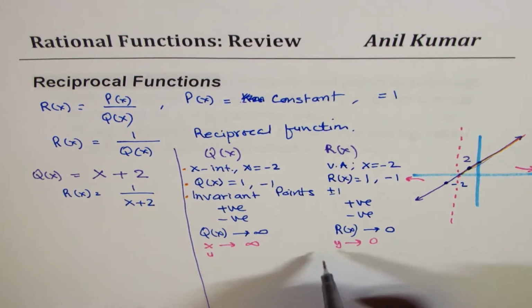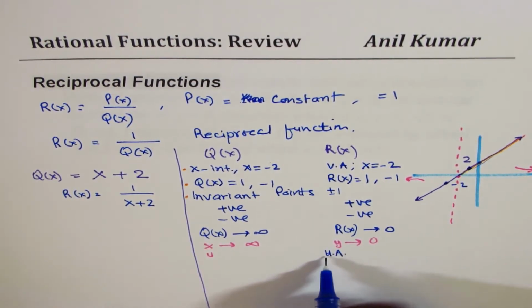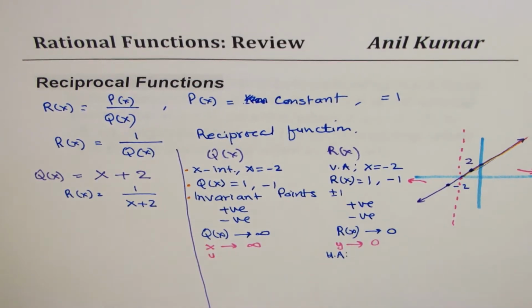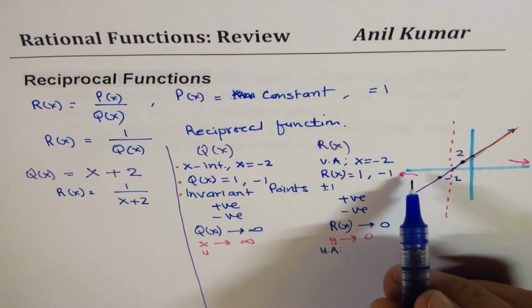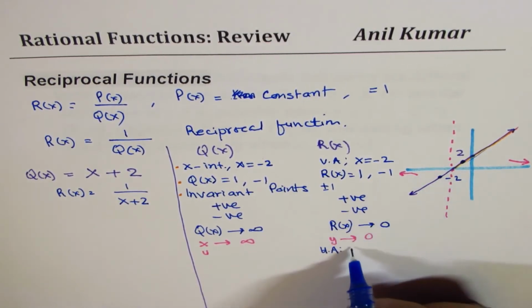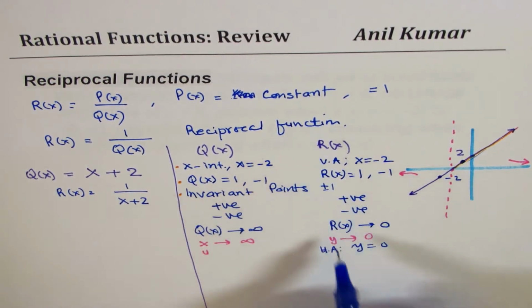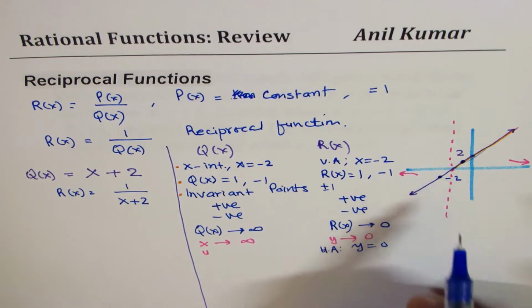So this leads to a horizontal asymptote, which I'm writing as HA. We'll discuss this in more detail in the next part. And the equation is, we are approaching the value 0, so we'll write this as y equals 0. So that will always give us a horizontal asymptote at y equals 0. Do you get the idea?